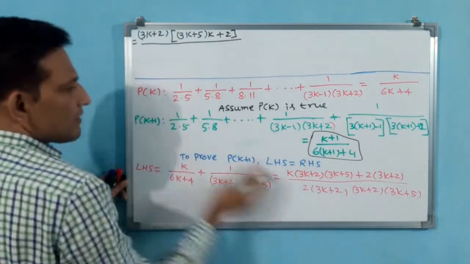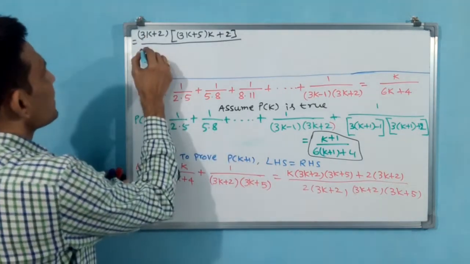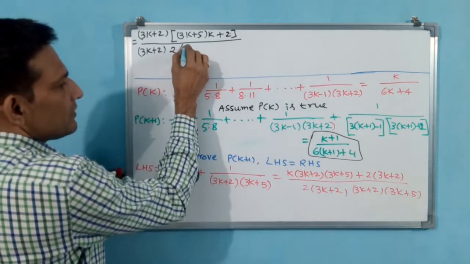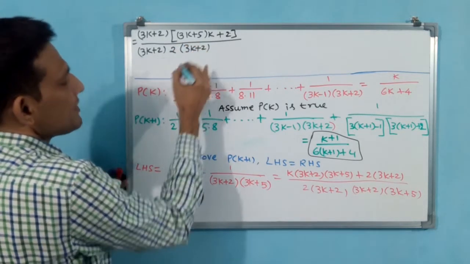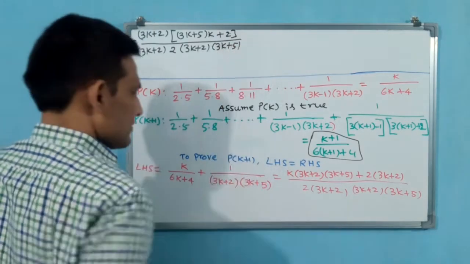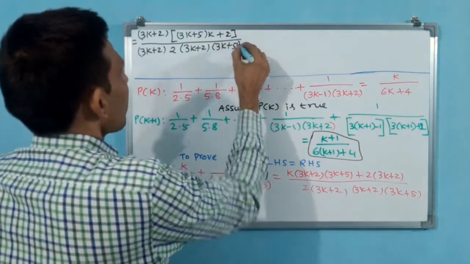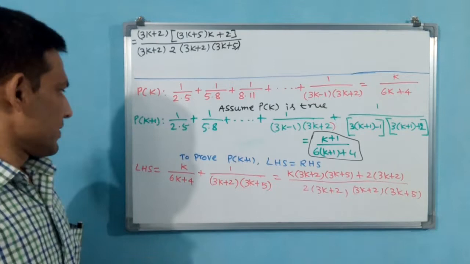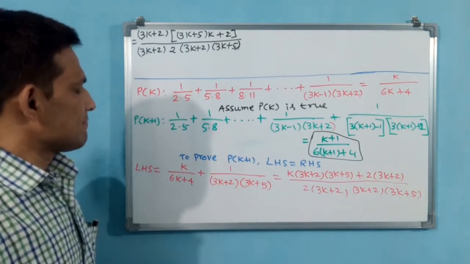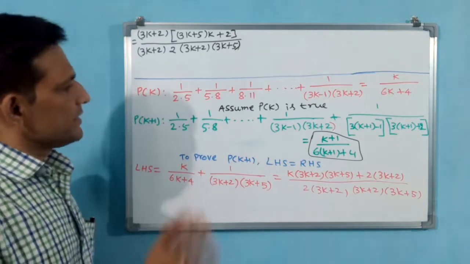Divided by, same thing you write again. I am writing first 3k plus 2. Why? Because we can cancel easily. Into 2 into 3k plus 2 into 3k plus 5. Okay, let it be.